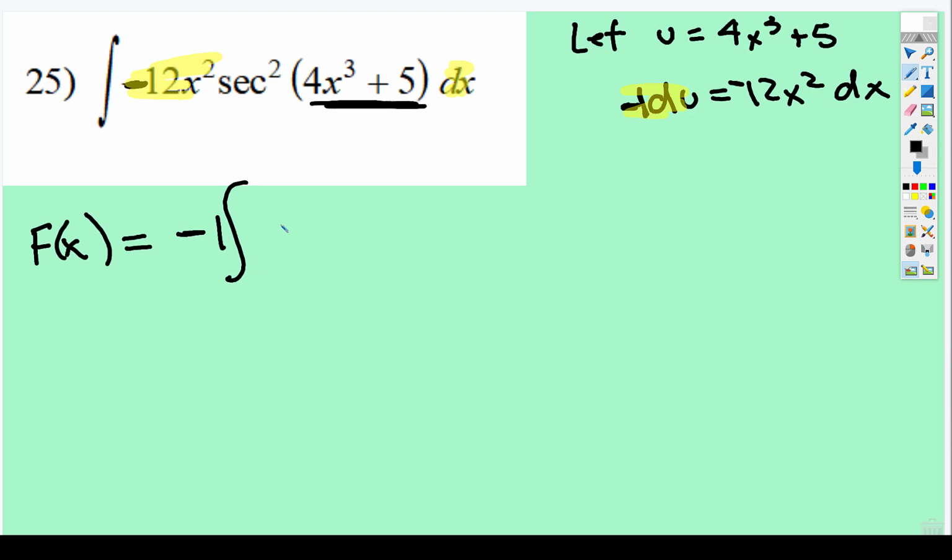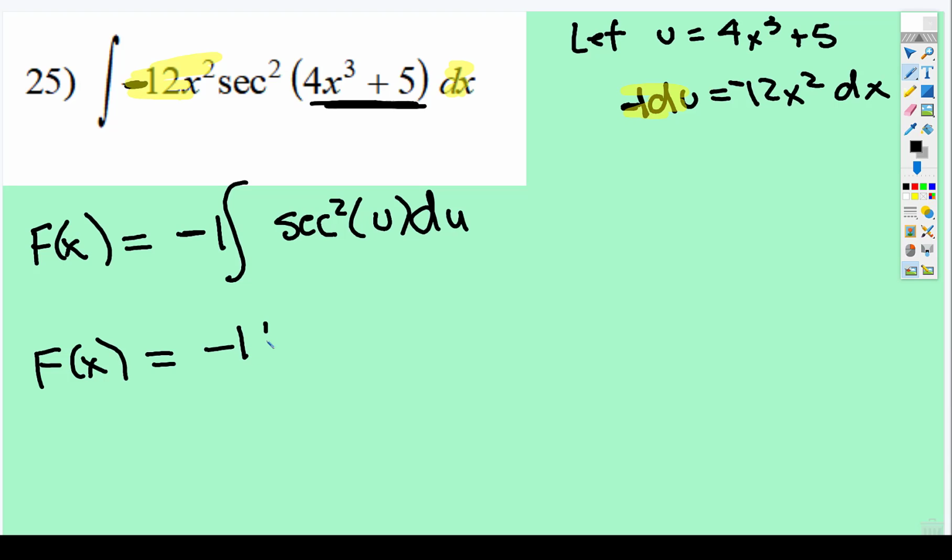And then we have secant squared u du. All right, so this is where you have to know your trig stuff. The integral of secant squared is tangent.